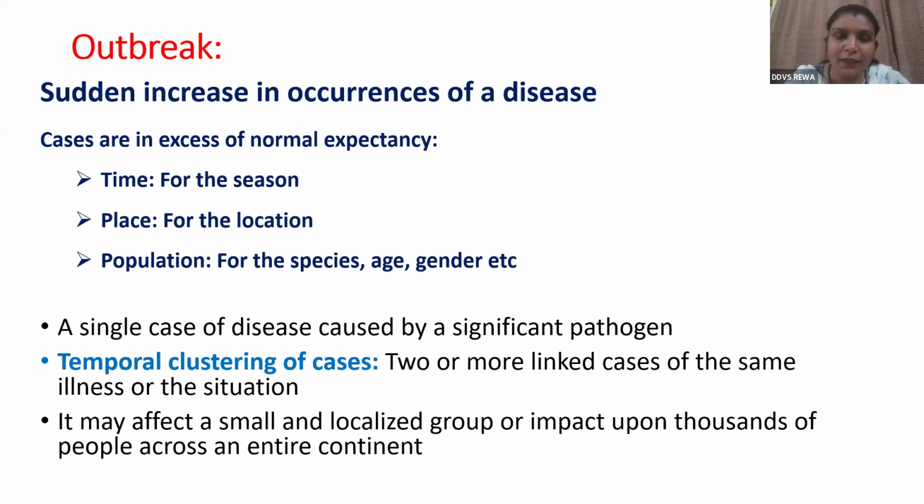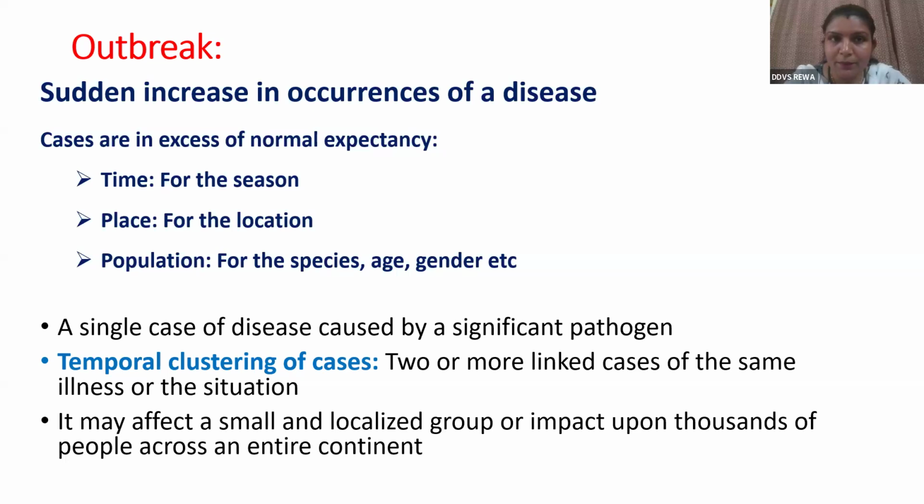So what is an outbreak? As I told you in the previous slide, it is a sudden increase in the number of cases of a disease beyond its expected frequency, and that is also related to a point of time. If a disease normally occurs in the winter season, and then occurs in a dry, hot summer situation, again we can say that a disease outbreak is there.